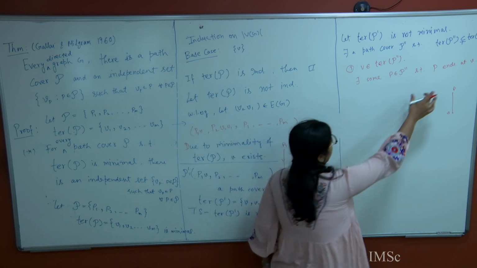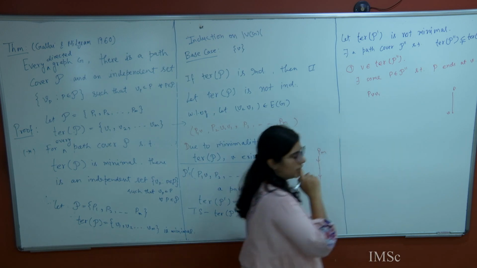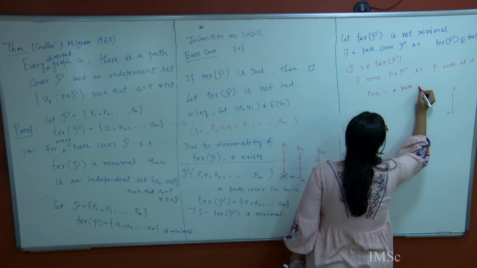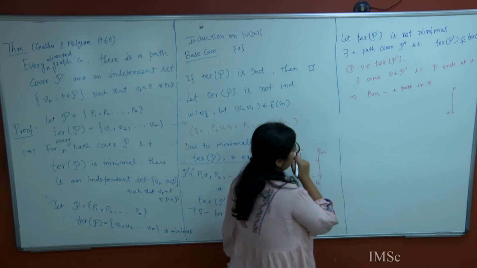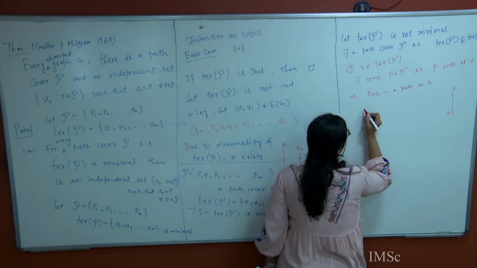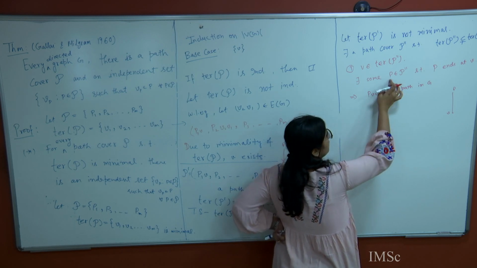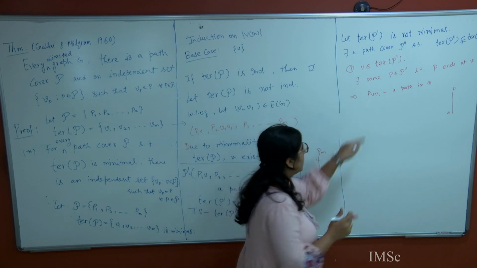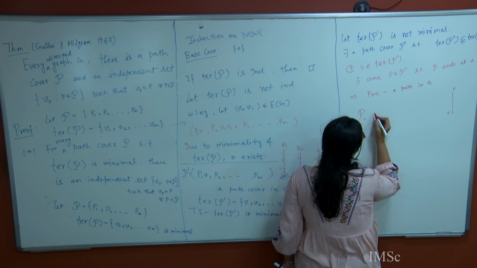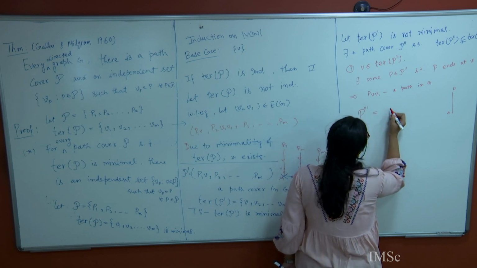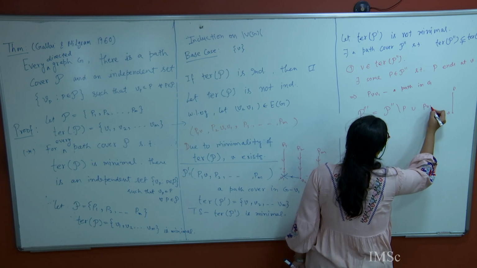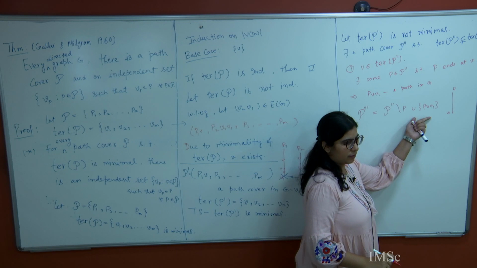So now if P ends at V, then P V V1 is also a path in G. So what I'll do in P double prime is push this path instead of P. My new path cover, say P triple prime, is P double prime union P V V1. I am including this path.